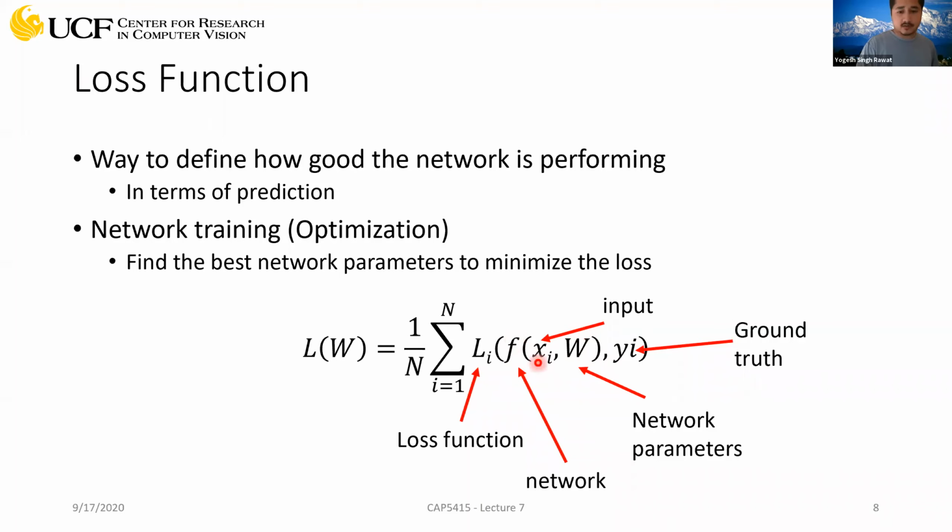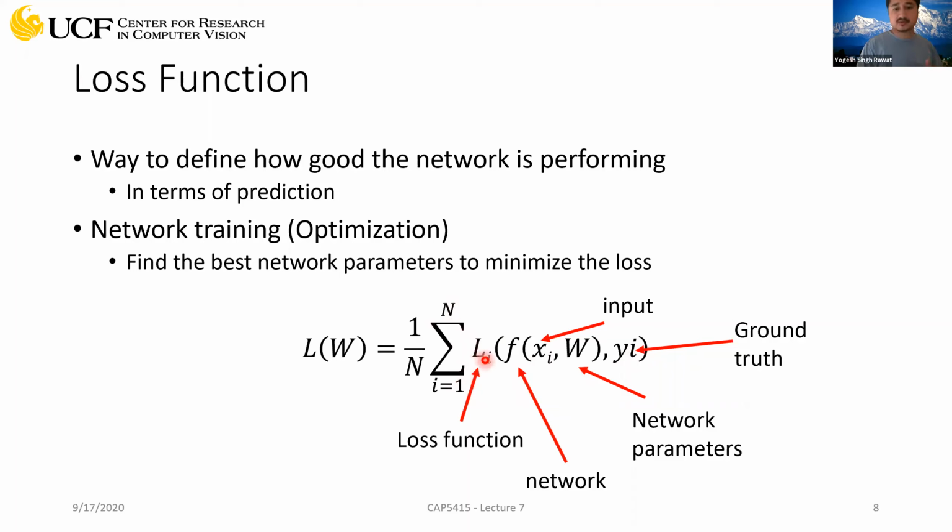Now, based on what the network predicted, and this is the ground truth, which should have been predicted by the network, you will use these two values and you will define a loss function based on how close this predicted value is to this ground truth. And since you are not training using just one image, you are training on a lot of images, let's say you have n images in your training set.